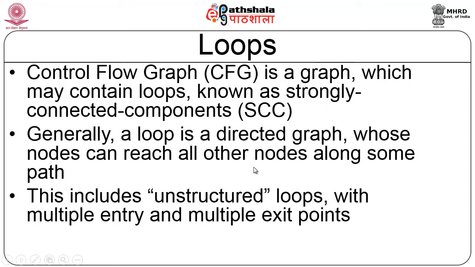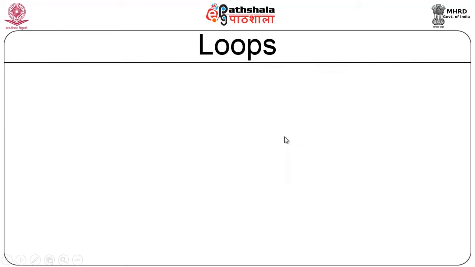This includes unstructured loops with multiple entry and multiple exit points. So, your loops can basically be structured or unstructured. Typically, you should have a single entry and a single exit point, but there is a possibility of also having multiple entry and multiple exit points.